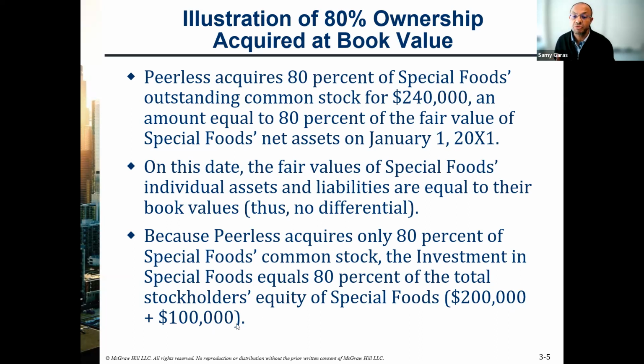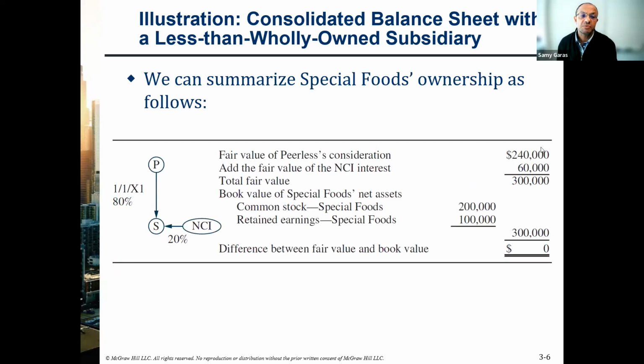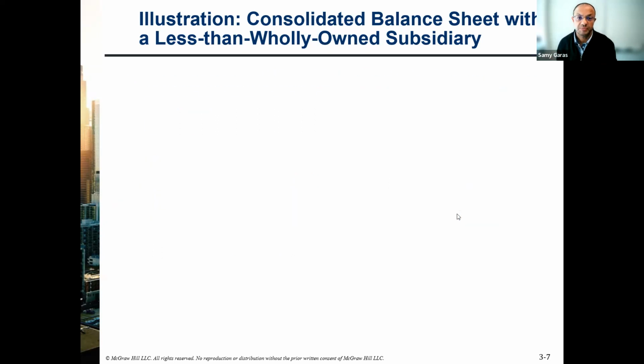80% times 300,000 equals 240,000, which is here. So if I have the total equity of 300 and the ownership by the parent of 240, now we see a new account called NCI for 60,000. And here we see the fair value of the consolidation 240 and the NCI 60 equal the shareholders' equity of the subsidiary.